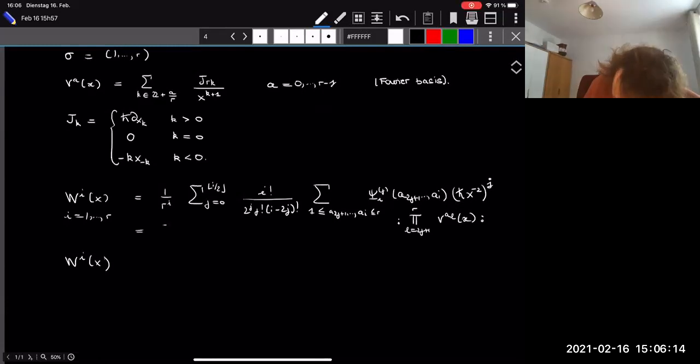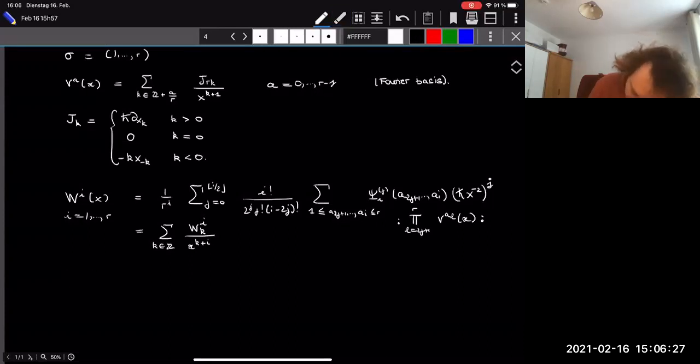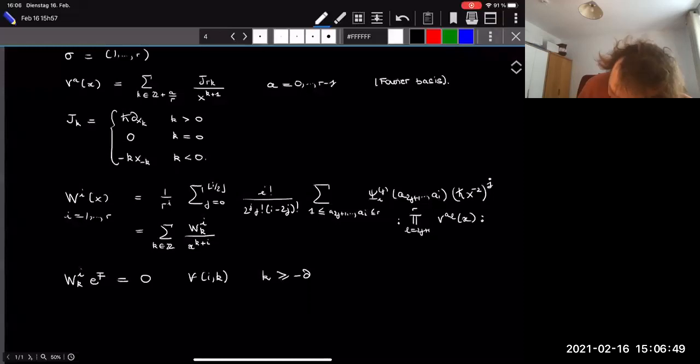And the Airy structure equation was telling us that W_i(x), which I can expand in modes, as x^{k+i}, here there were only integer powers. So the Airy structure equations are saying that this is 0. That determines the partition function for all i and k, which in that case were such that there is some lower bound depending on i.